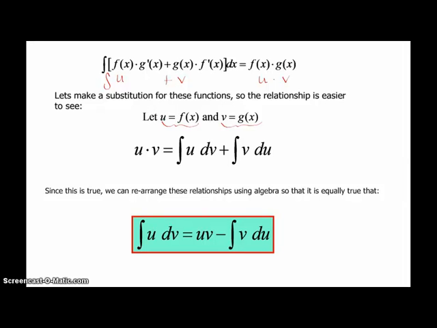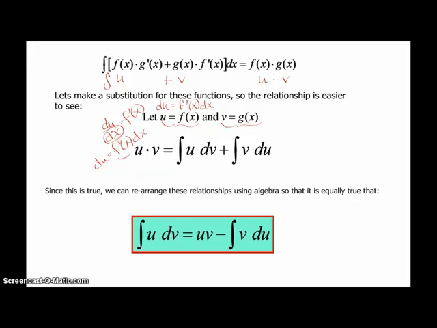All right, so if we're going to call u f of x, then du should be f prime of x dx. Remember, the derivative can be written as the differential by multiplying through by the differential on bottom. This is stuff we already know. I'm just kind of giving you a reminder.